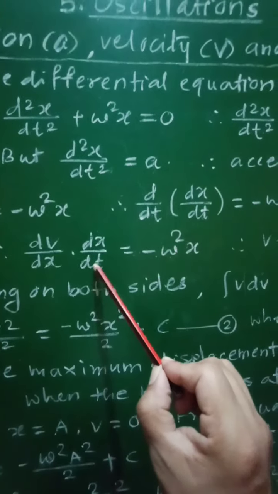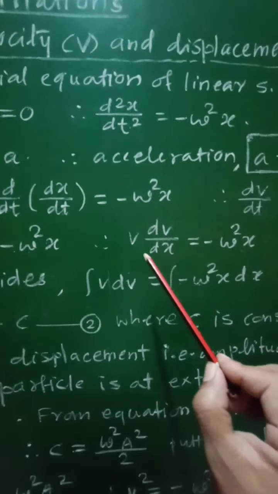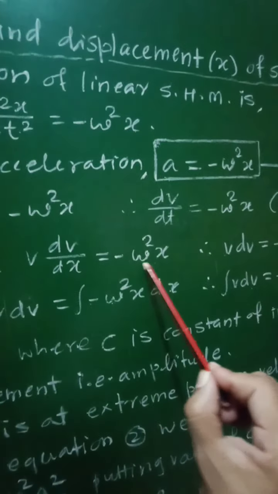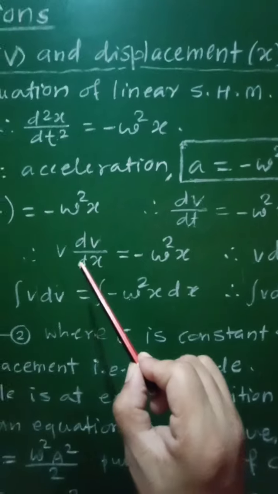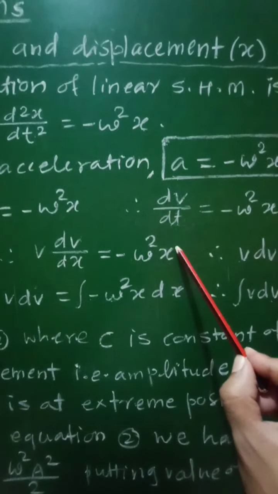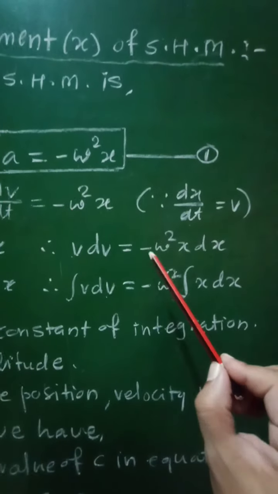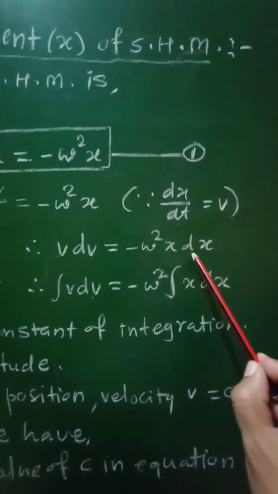Again this dx by dt is v, and therefore we can write v dv by dx equal to minus omega square x. This dx will be shifted towards the RHS, therefore we will get v dv equal to minus omega square x dx.